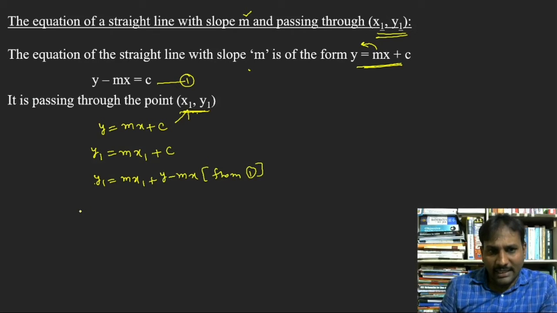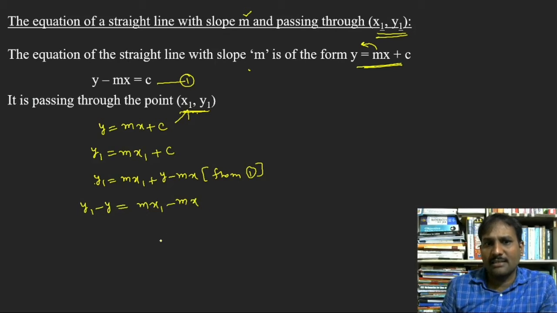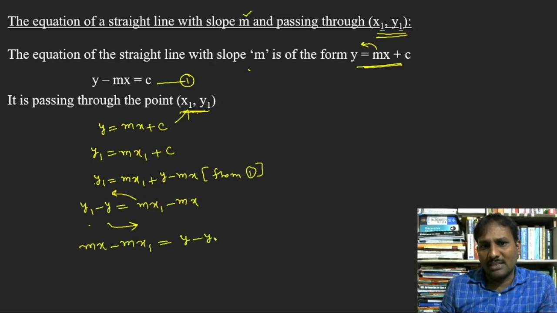Now can I write it as y1 minus y is equal to mx1 minus mx, or I can also write like this. If I send the right hand terms to the left hand side and the left hand terms to the right hand side, I can write mx minus mx1 is equal to y minus y1.